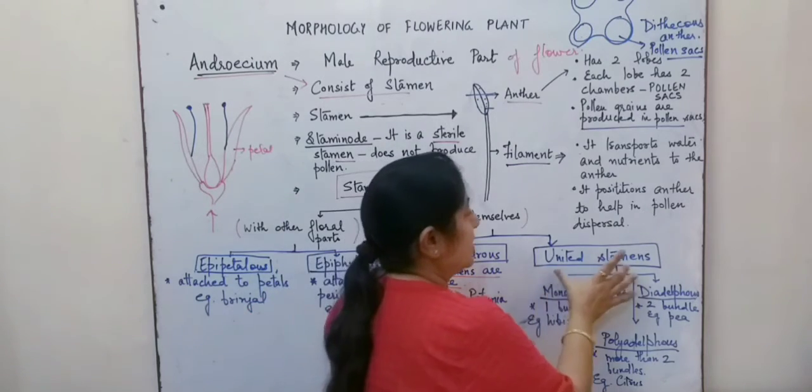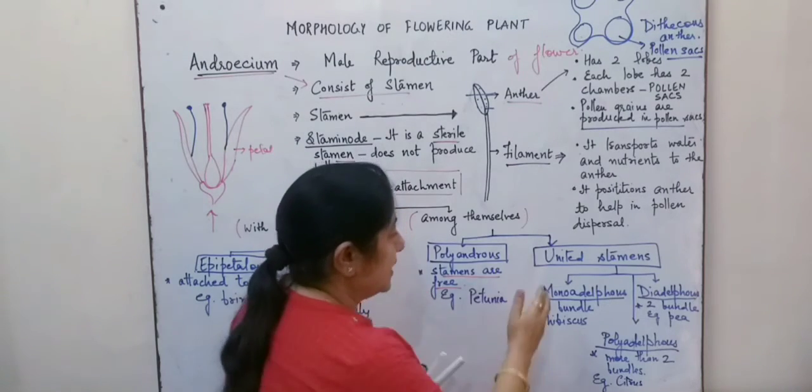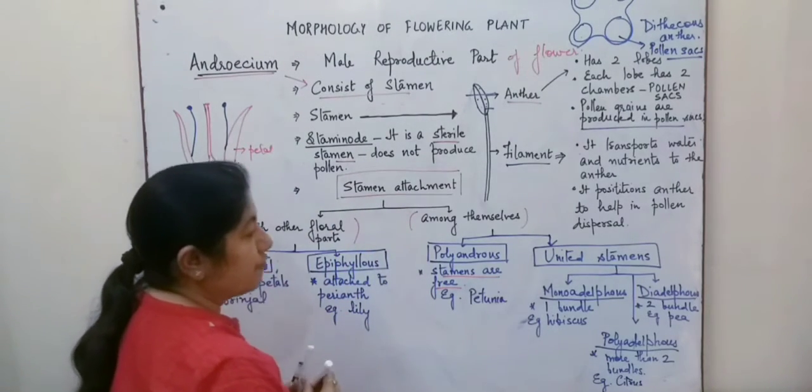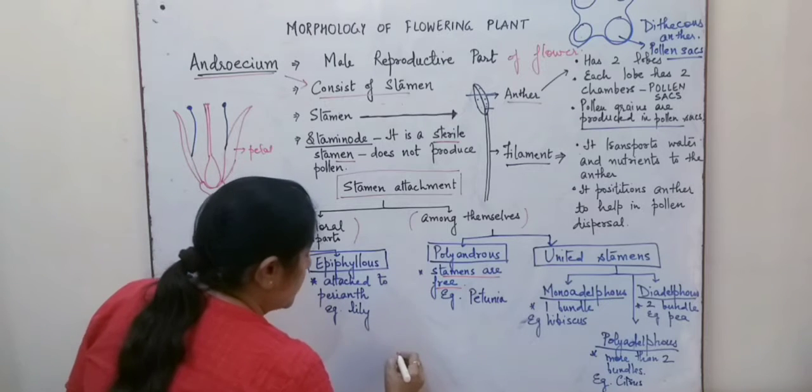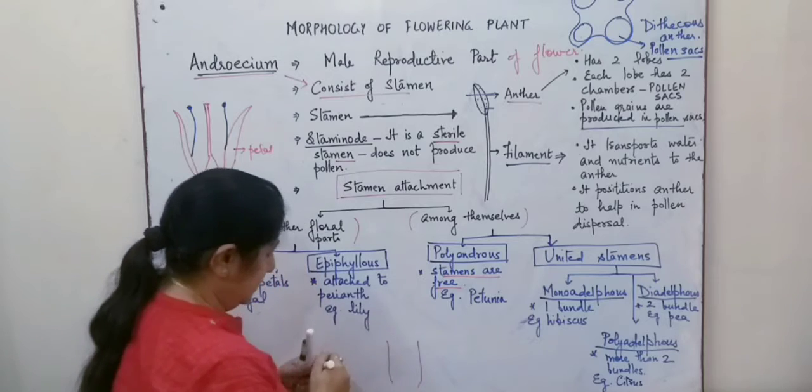So we have three conditions when stamens are united. Let us understand the monoadelphous condition, in which the stamens are in one bundle.